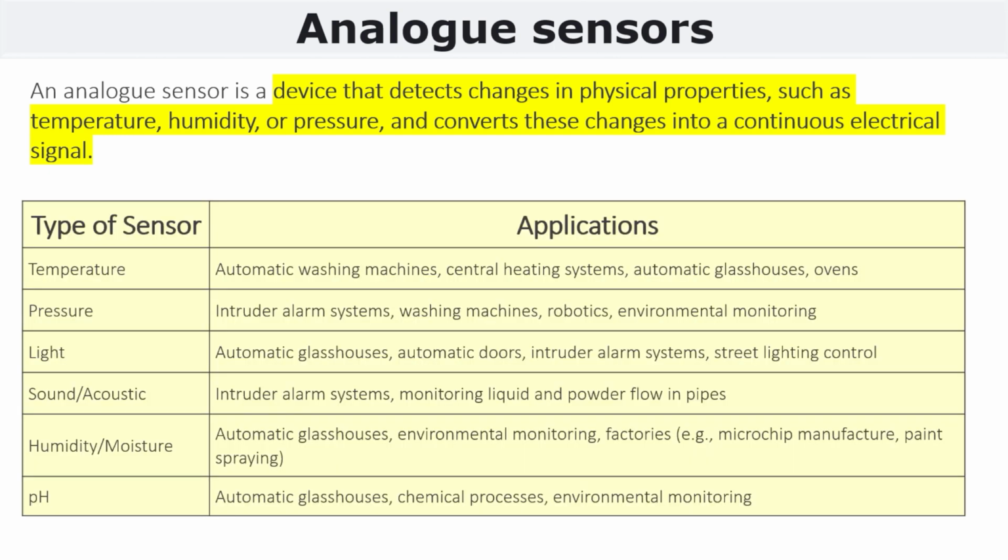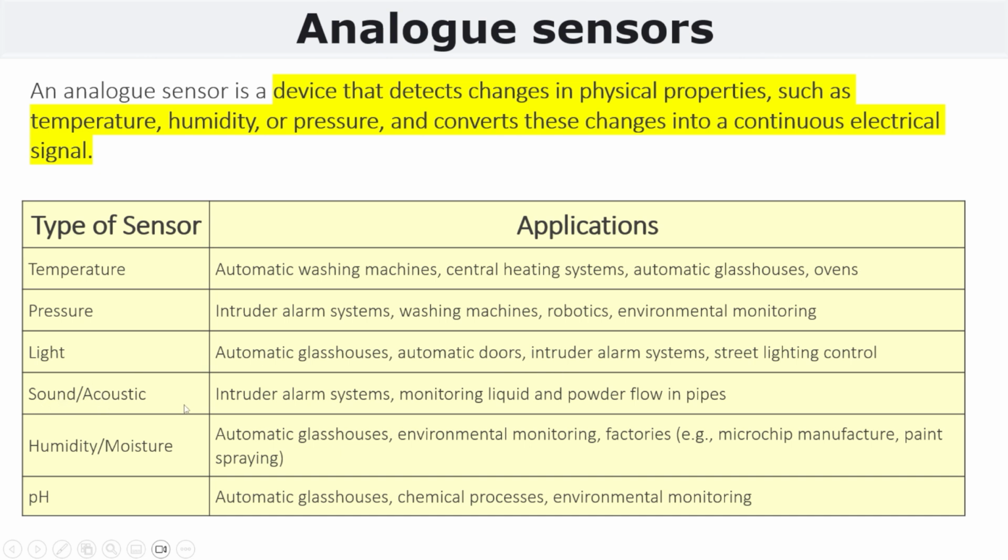Some of the types of sensors that we want to look at are temperature sensors for taking temperature, mostly found in devices like washing machines, central heating systems, greenhouses and ovens. Pressure sensors, on the other hand, are used in intruder alarm systems, again in washing machines, and then robots. We have light sensors that are used for street lighting systems, automatic doors, and again intruder alarm systems.